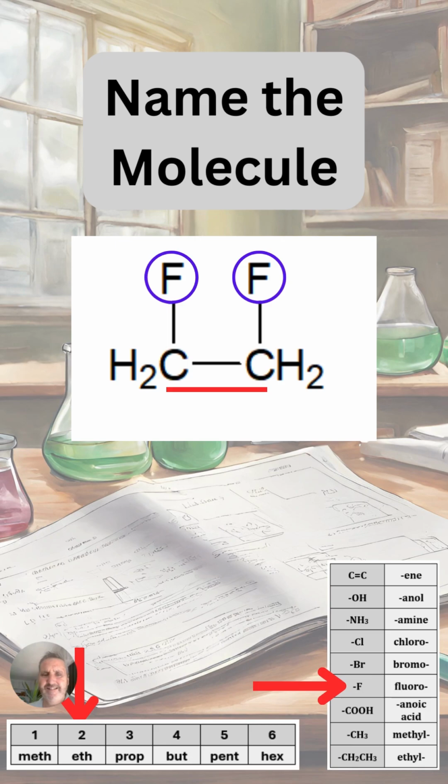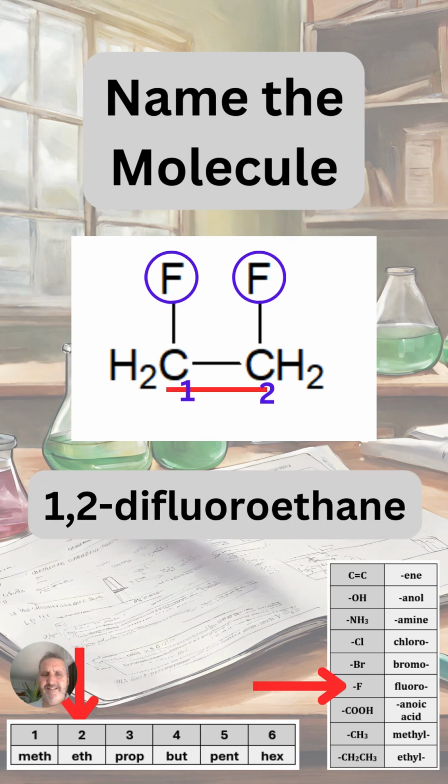We need to number the carbons, 1 and 2, and we're going to have to give the place number of each of the fluorines and call it 1,2-difluoroethane. And the reason why we need to have the numbers in such a small molecule is there is another version of difluoroethane, and that would be if they both came off the first carbon, and that would be called 1,1-difluoroethane.